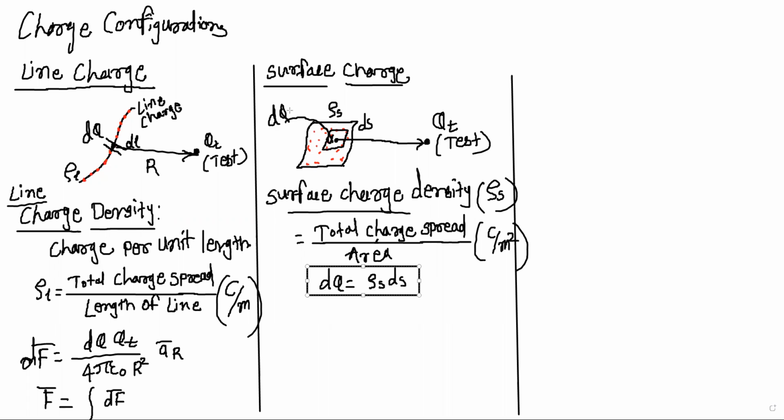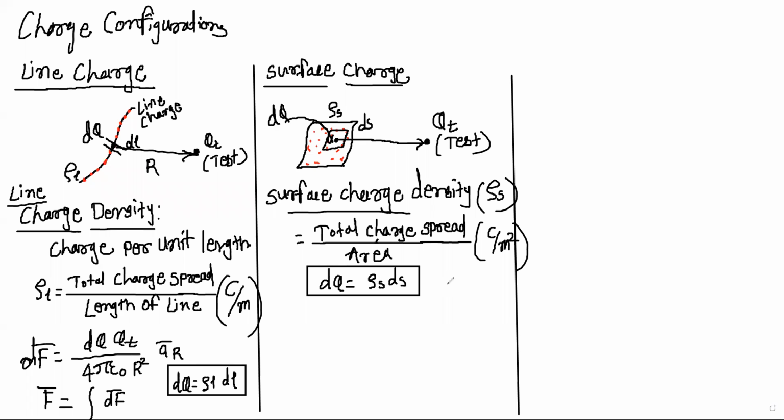In earlier case, I can write in the similar way. dq is equal to rho l dl. In this case, dq is equal to rho s ds, right? Yes.